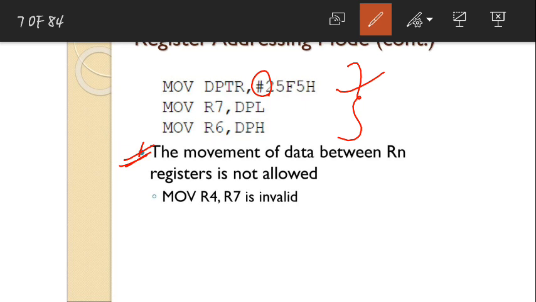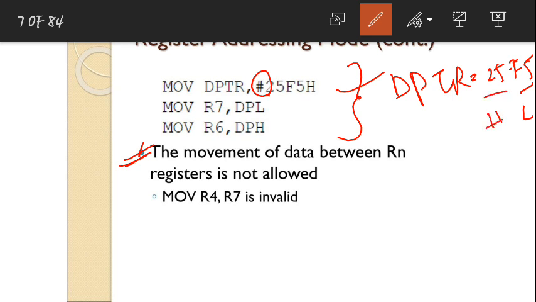See, first he made DPTR equal to 25F5H. Now if you look at this value, 25F5H, F5 is in DPL, the lower byte of DPTR, and 25 is in the higher byte of DPTR.